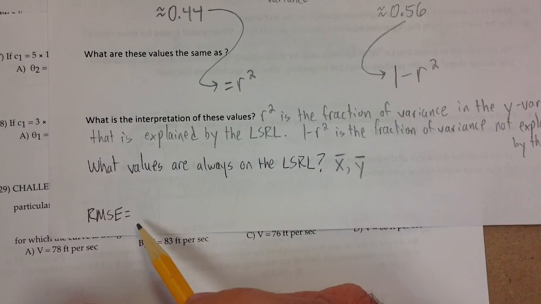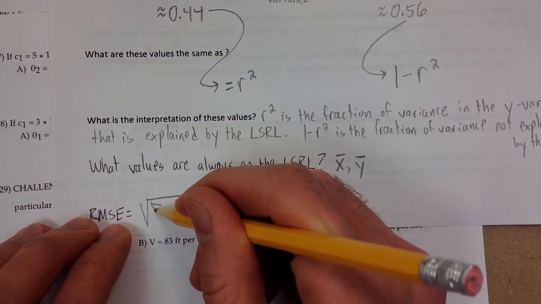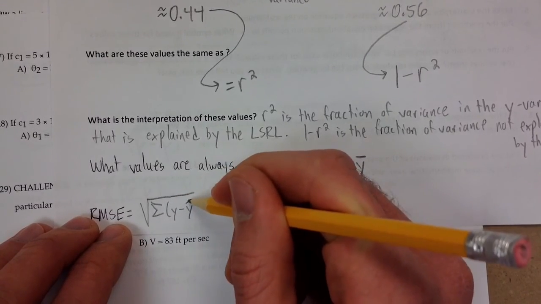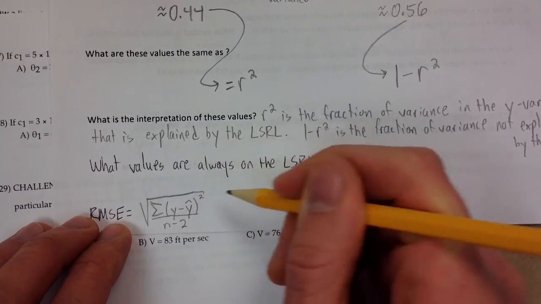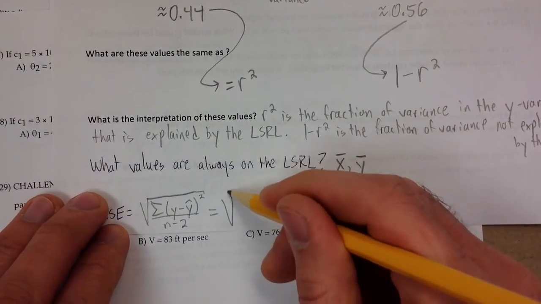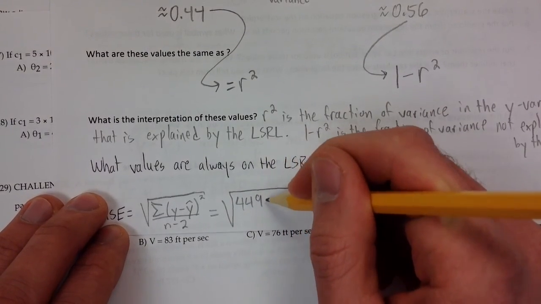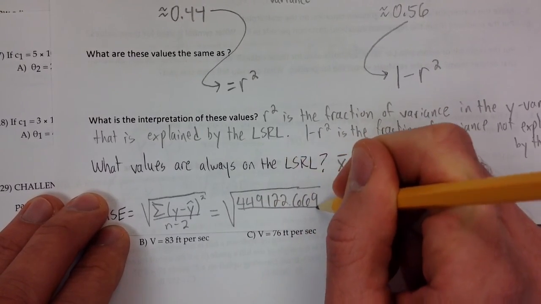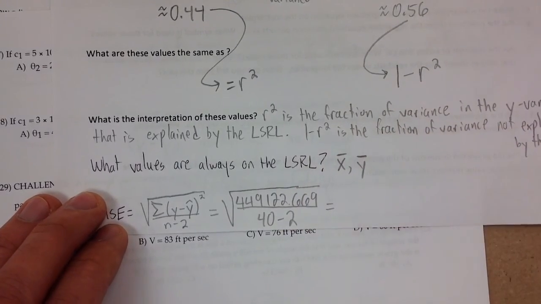The root mean square error is the square root of the sum of the squared errors over n minus 2. And we have the numerator. We calculated it before. It's 449,122.669. And we'll divide that by n minus 2. N is 40. There's 40 animals.